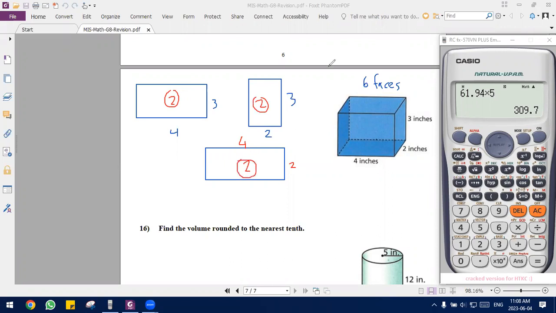Let me find the area of each face. 4 by 3, 12. 3 by 2 is 6. 4 by 2 is 8. Now the surface area is equal to 2 faces of the first one, which is 12, plus 2 faces of the second one, which is 6, plus 2 faces of the third one, which is 8.